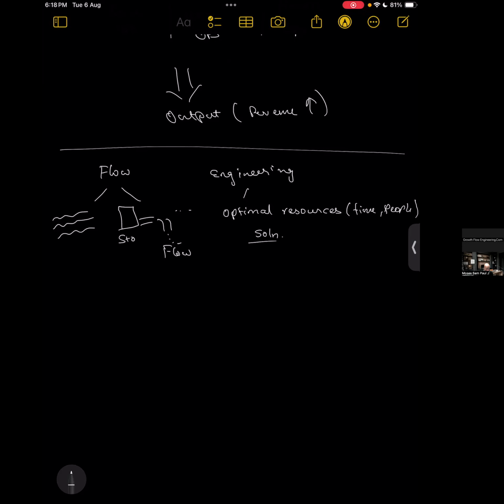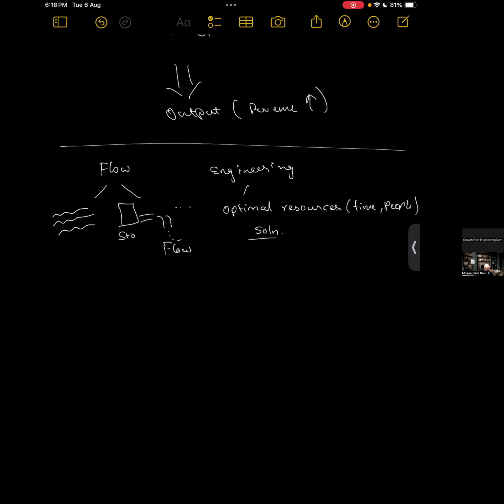How are we combining these two things? Even from a physics standpoint, for flow to happen in a seamless way, frictions reduce flow, whether it's physics or engineering.